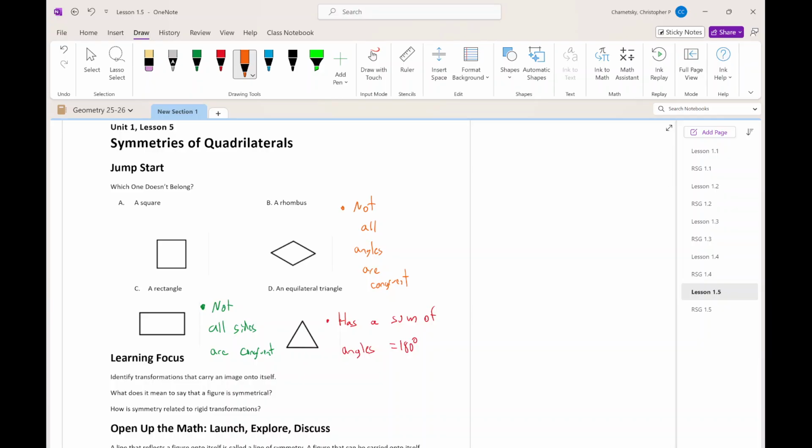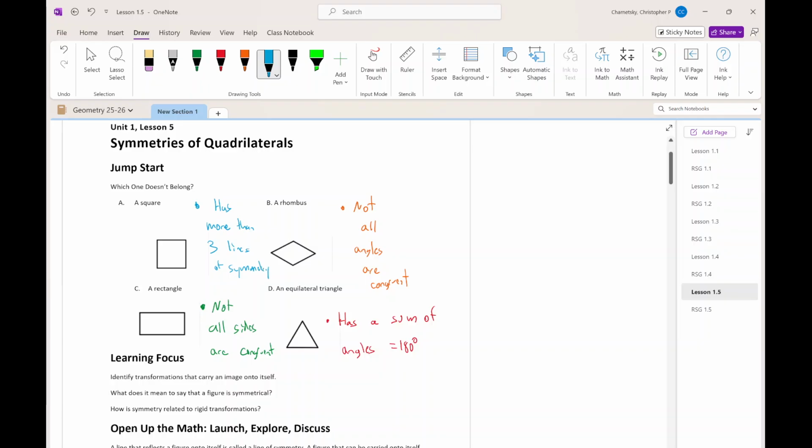And the square, it's a little tricky, but kind of leads us into what we're doing today. This is the only one that has more than three lines of symmetry, or it has the most lines of symmetry.